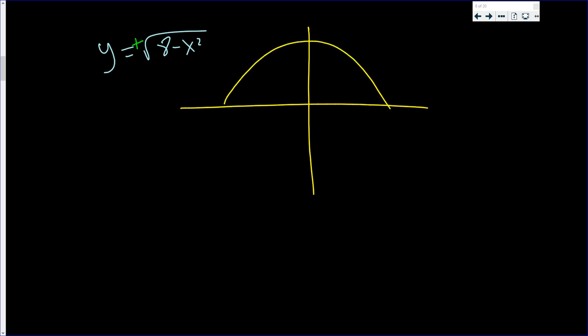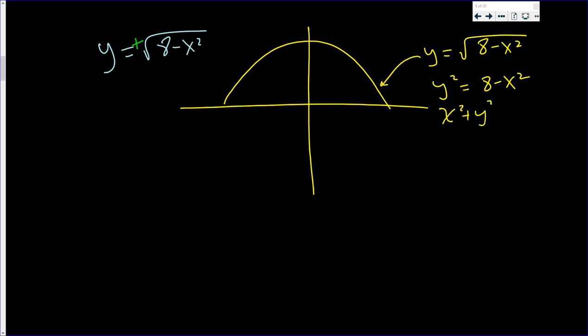So you have y equals the square root of 8 minus x squared. Now, you may want to know what the radius of the circle is. You may not need it, but one might want to know. So remember, y squared is equal to 8 minus x squared. Bring the x squared over, and this equals 8, which is the square root of 8 squared.